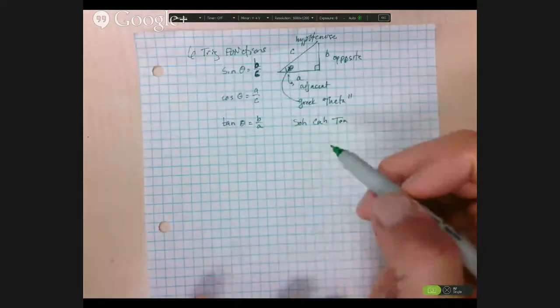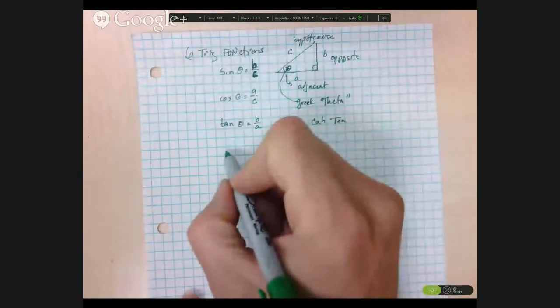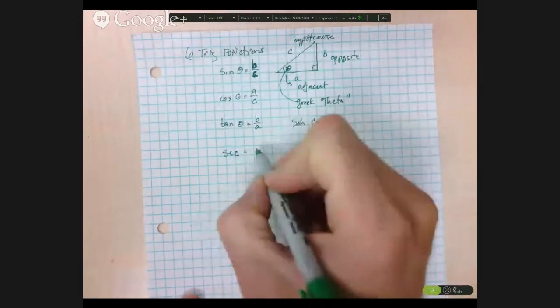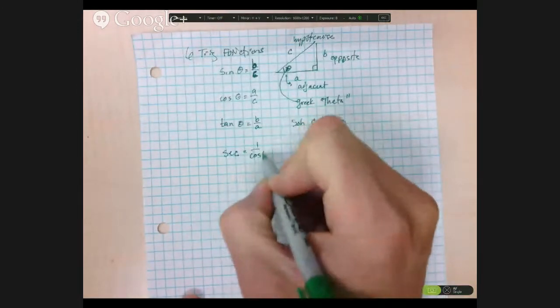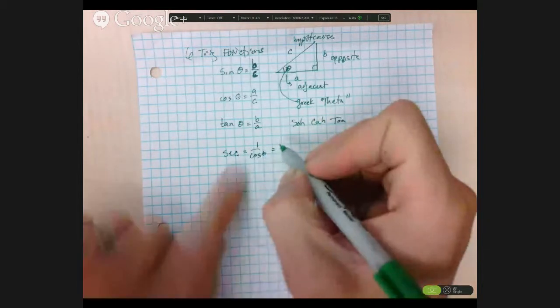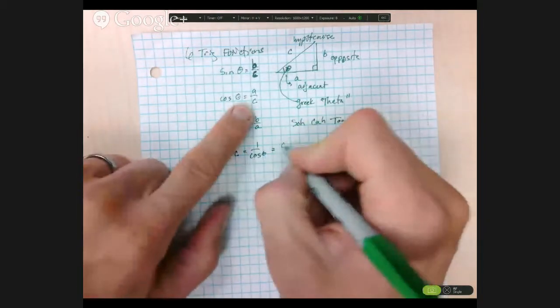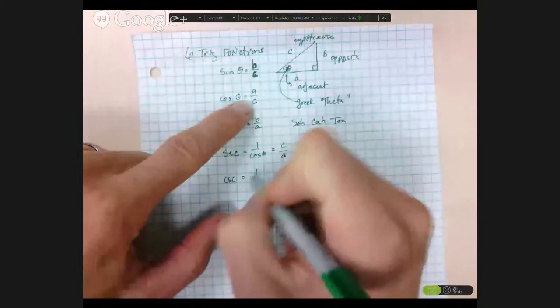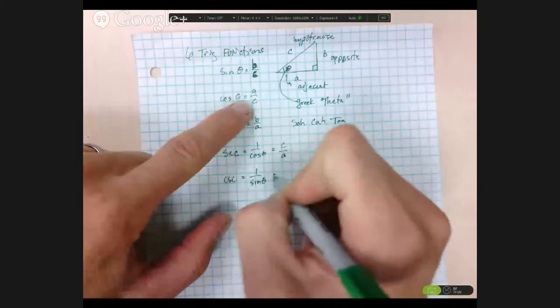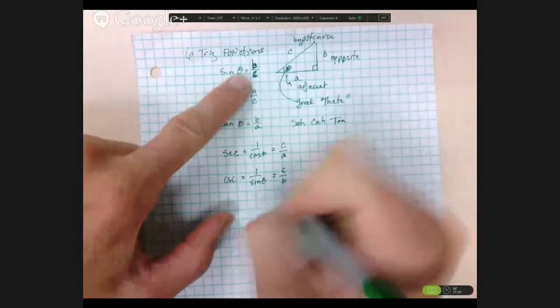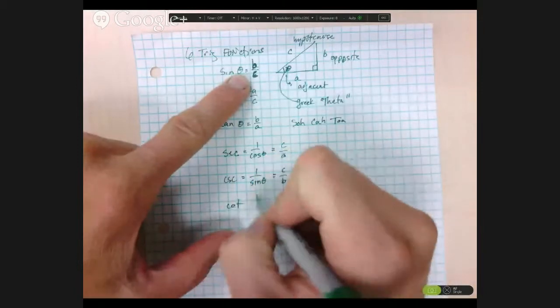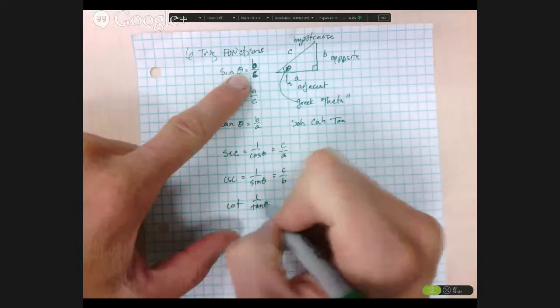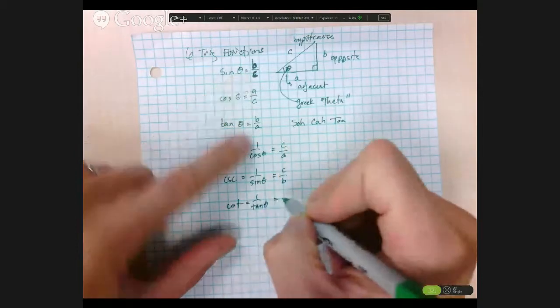But those are the 3 basics, and then we can have secant, which is 1 over cosine, which just flips it. Cosecant is 1 over sine, which flips it. And cotangent is 1 over tan, which flips it.